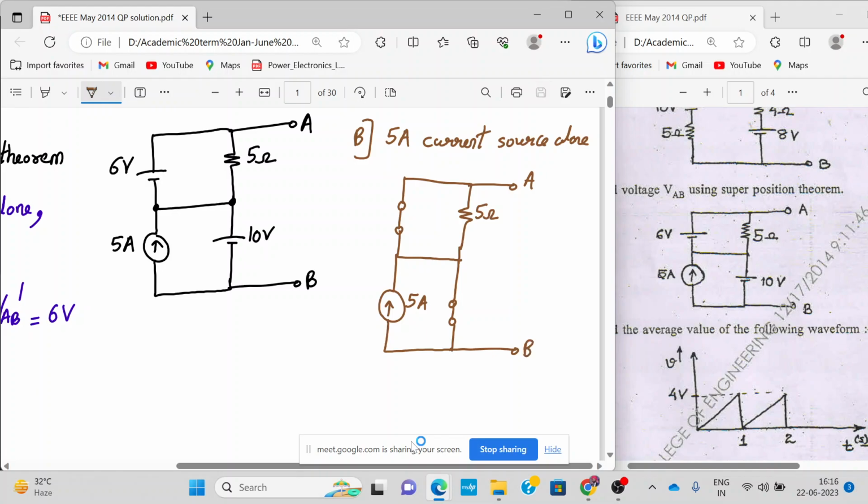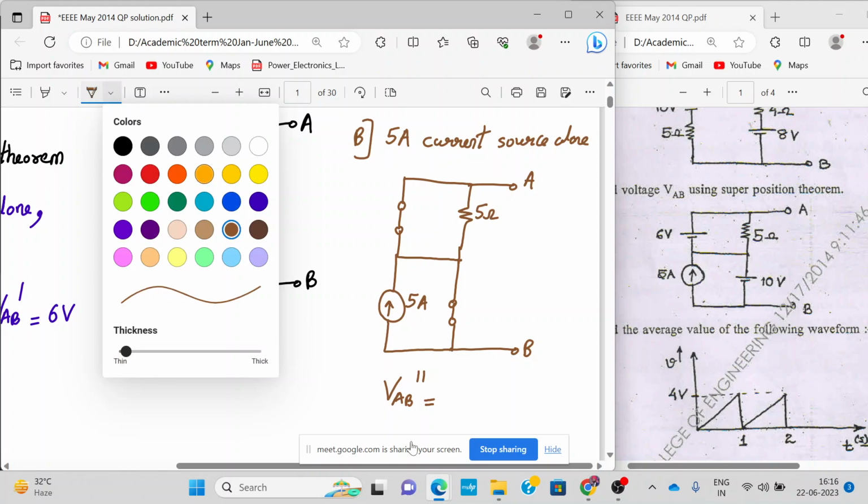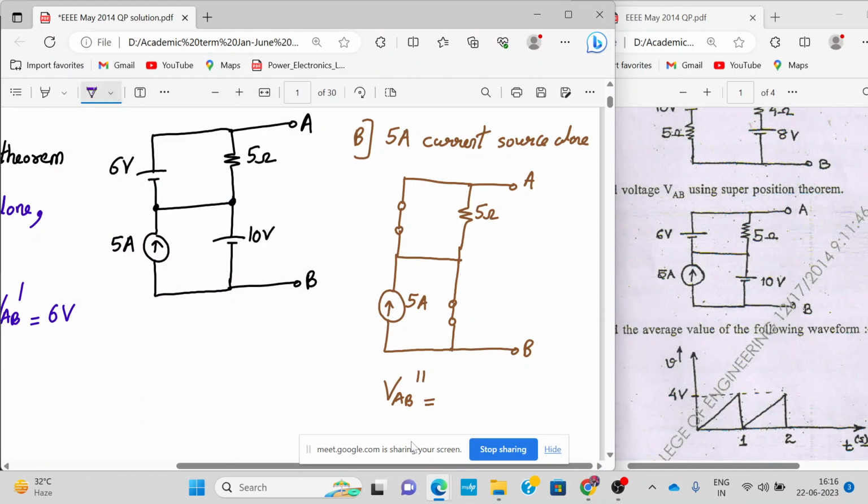Yeah, quickly. So 5 into 5, I guess. No, 25, no. See, listen carefully. Why is it wrong? It's okay, fine. This short circuit is in parallel with a current source.